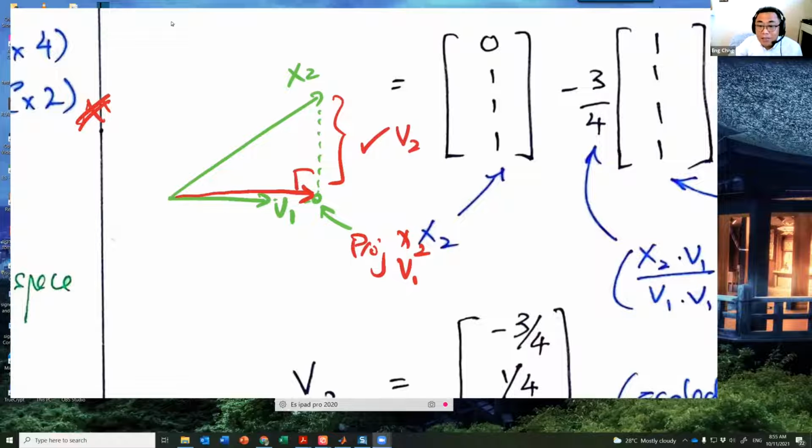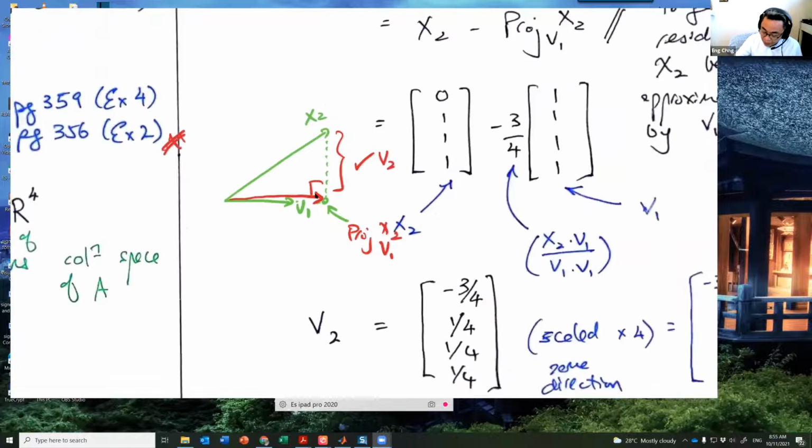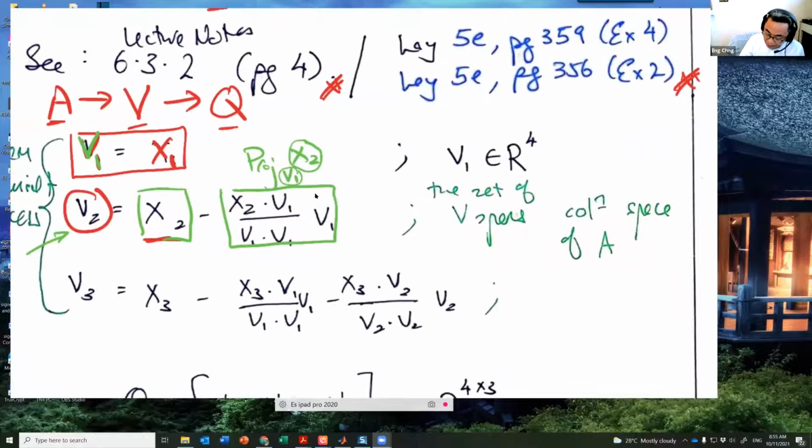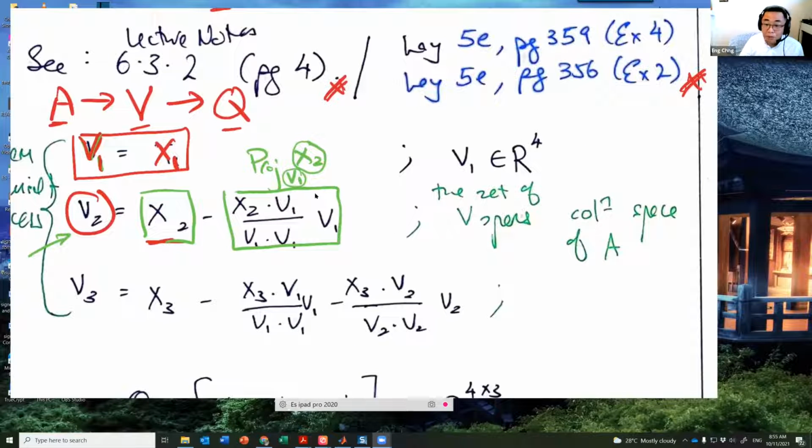Because now I have V1 and V2, which are orthogonal to each other, spanning the space of x1 and x2. So this cool Gram-Schmidt process is doing this. I have gotten my V1. I now project my x2 onto V1, and I get the residual, and the residual will be orthogonal to V1. And I set it as V2.